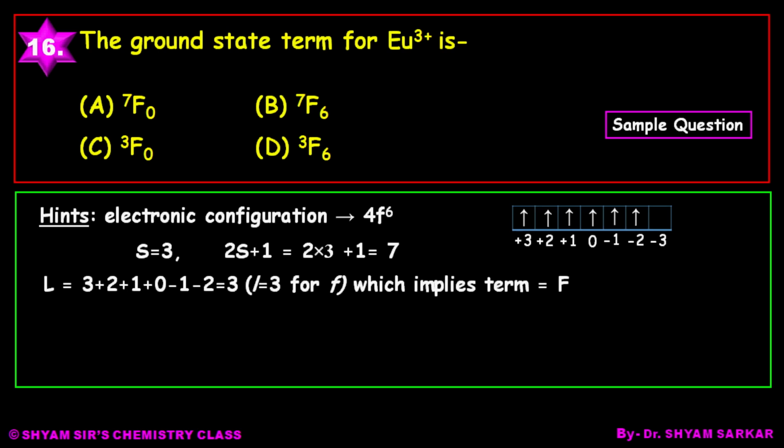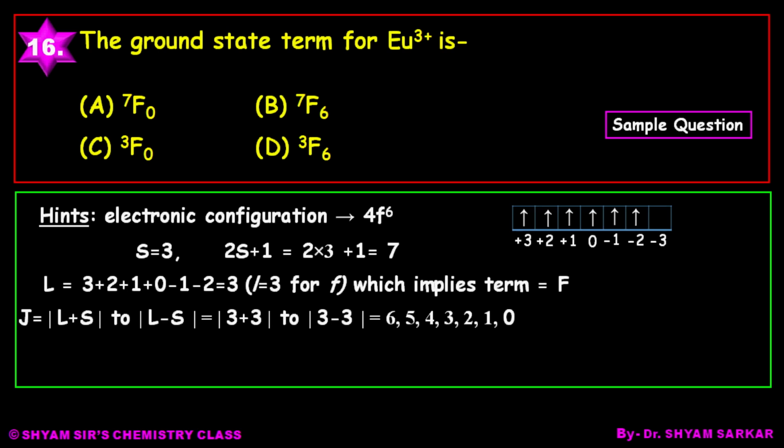Now you have to calculate L. So L is here 3. L 3 means F. So the term will be 7F. So in both cases 7F is there. So you need to calculate J also. The J values for this configuration are from 6 to 0: 6, 5, 4, 3, 2, 1, 0.